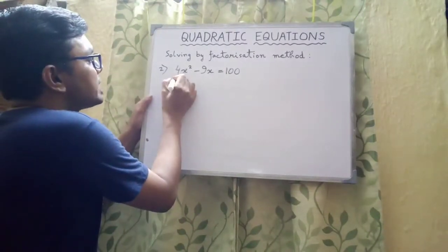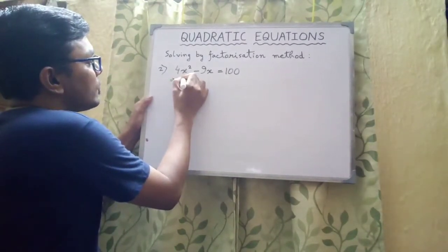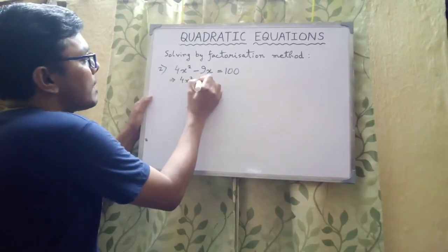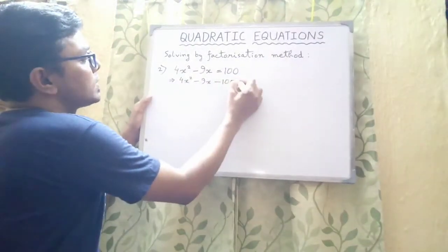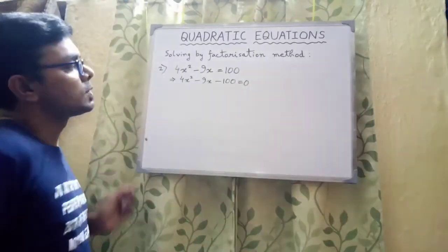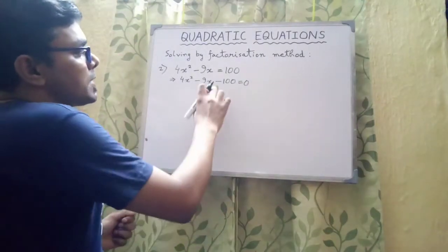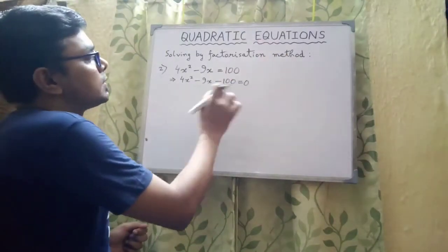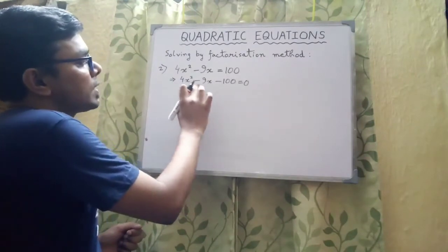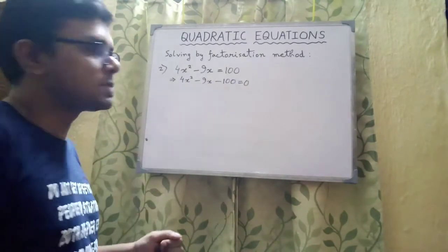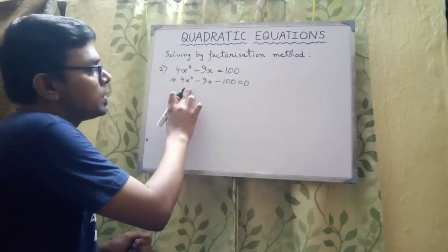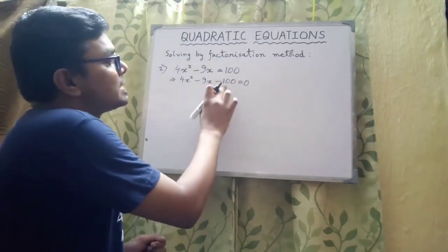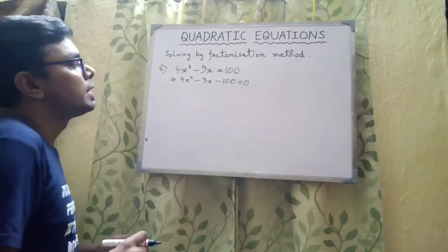So first we will write, implies 4x squared minus 9x minus 100 equals 0. So we are just subtracting 100 from both sides. Now this has come to the standard form. We see a equals 4, b equals minus 9, and c equals minus 100.